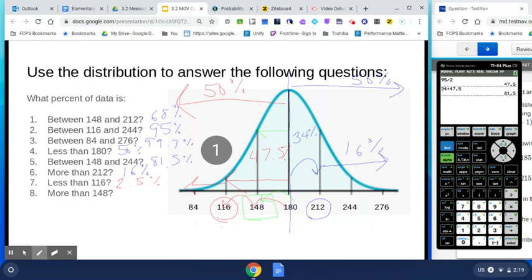So this portion is 34%. But I want more than 148. So I actually want from the 148 line all the way up to the right tail. So that's going to be that 34% that we said earlier plus 50% of the data, because we want that whole right side. So if I add those two numbers together, that's going to give me 84% of the data is going to be 148 or more.